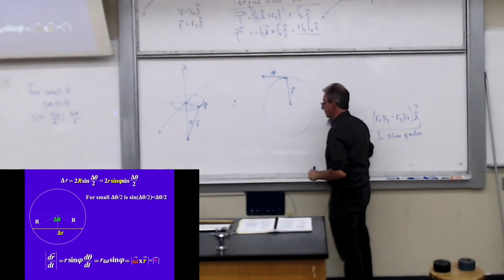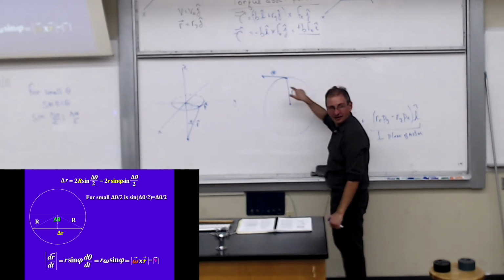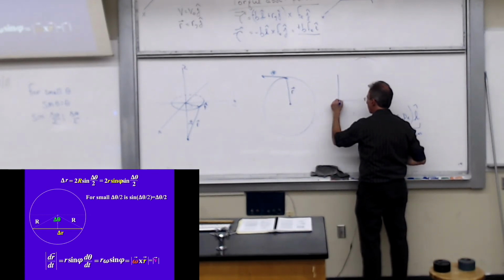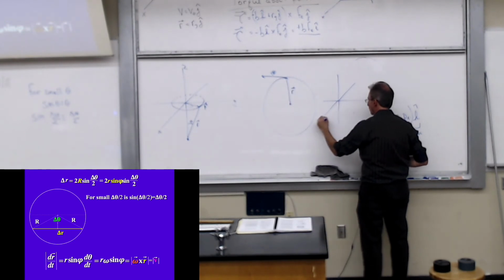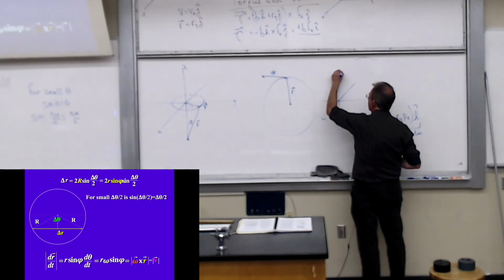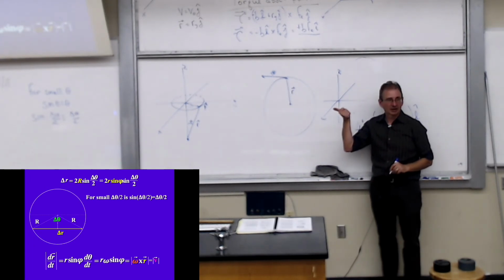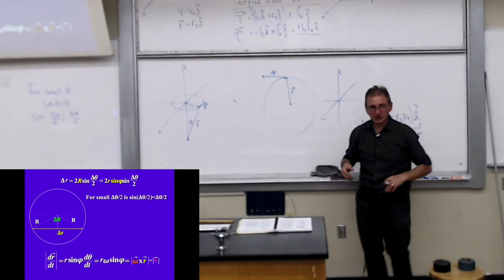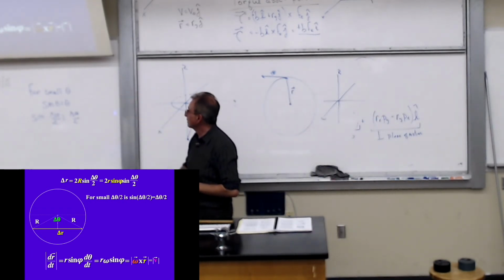The object's going this way. Doesn't omega point out of the board? Omega's this way, R is this way. What's omega cross R? Isn't it that way? So the cross product of omega and R is in the direction of the velocity vector, and the magnitude is R omega sine of phi.